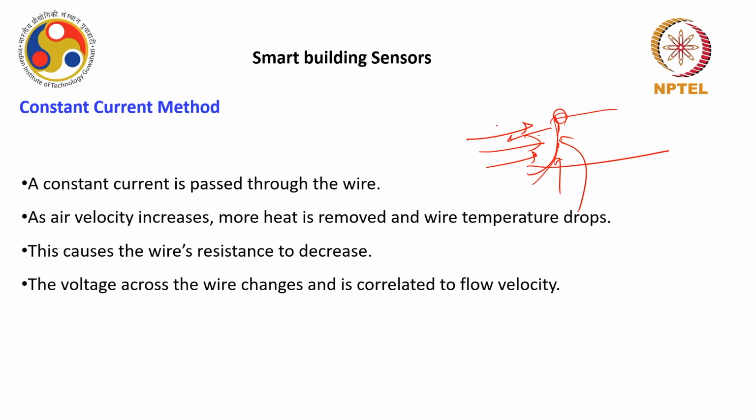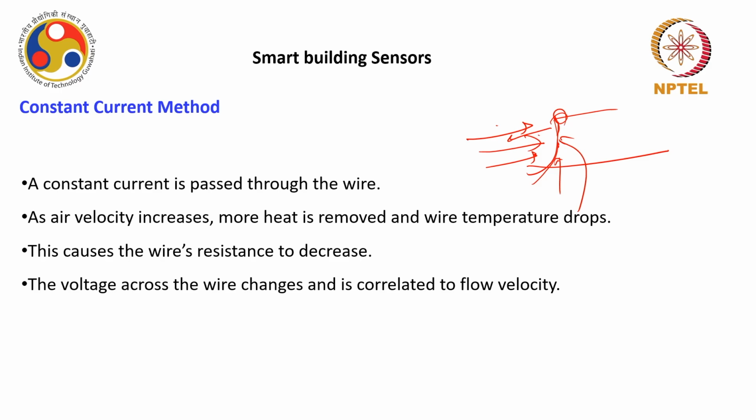As the name suggests, a constant current is passed through the wire. As air velocity increases, more heat is removed and the wire temperature goes down. This causes the wire resistance to decrease, and the voltage across the wire changes and is correlated to the air flow velocity.